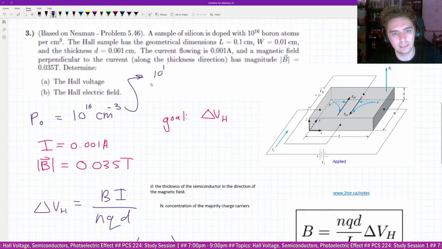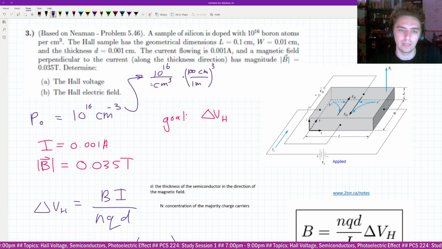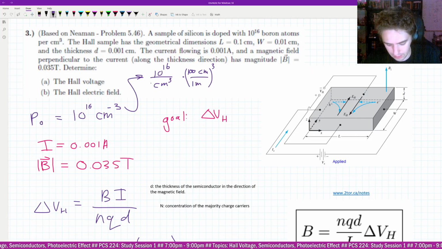So we have 10 to the 16 per centimeter cubed. I want to have meters cubed. So in 1 meter, there is 100 centimeters, and then just cube that. So I just got to do 10 to the 16 times 100 cubed.